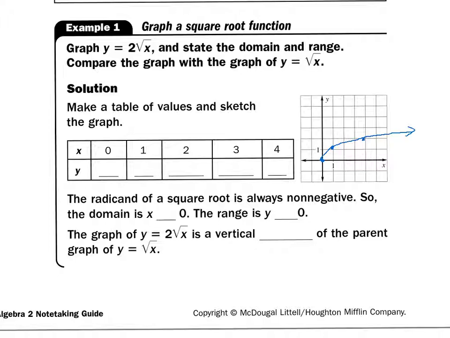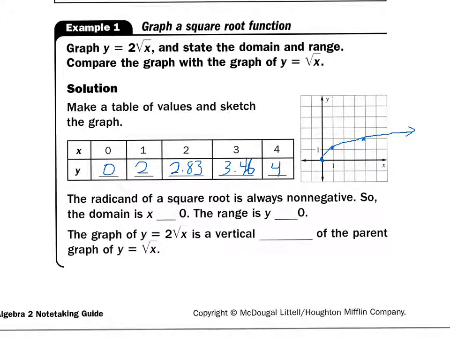Now, let's graph the y equals 2 times the square root of x. So if we put in 0 there, it would be still 0. If I put in 1, it'd be 2. If I put in a 4, it would be 4. And if I put in 2 with my calculator, I get about 2.83. And the square root of 3 with a calculator times 2 is 3.46.